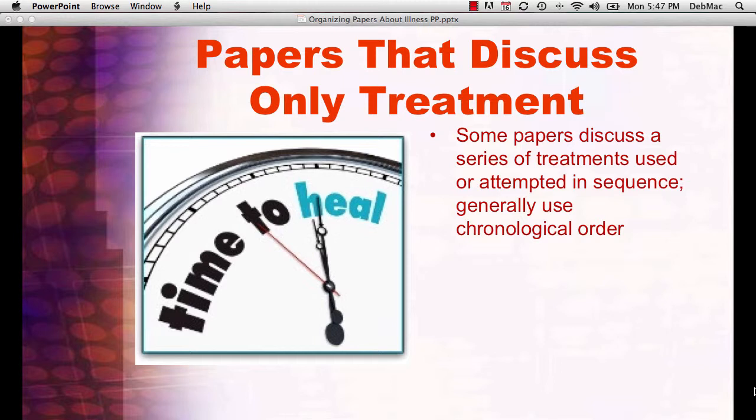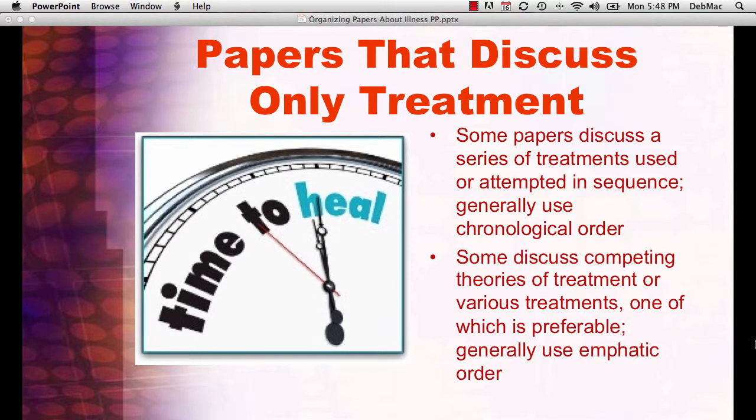And there are other illnesses that follow the same type of sequence. If your research leads you to write a paper along those lines, you will definitely want to view the video on using chronological order. However, your research might lead you to write a paper that discusses competing theories of treatments or different treatments that are used.